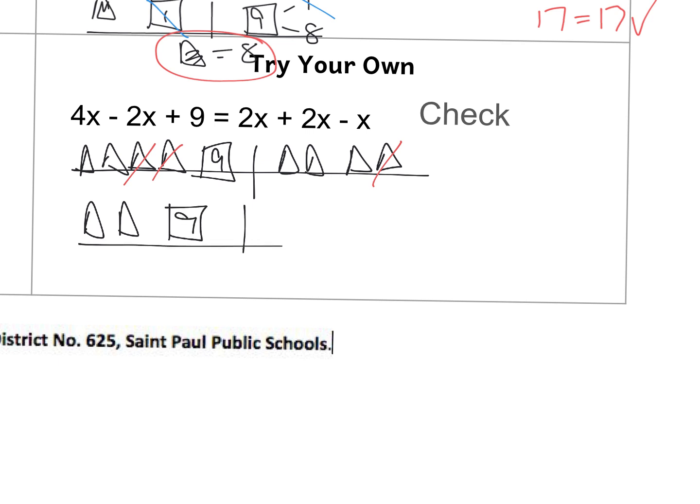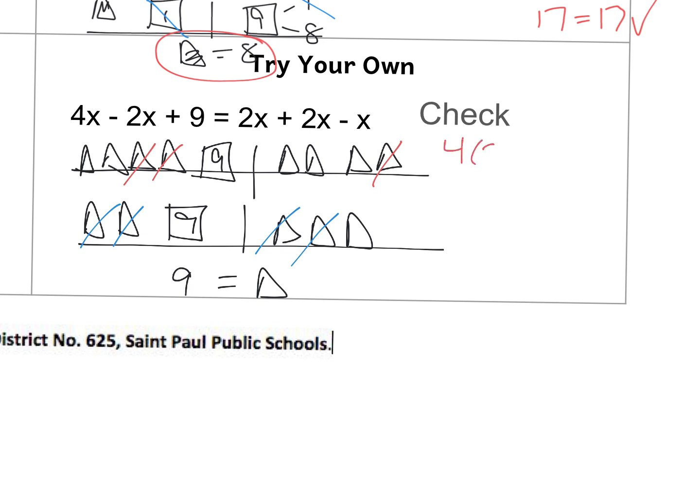You can see on that first step, I took away the x's that were being subtracted. And now I'm going to go ahead and take away for my legal move. So 9 should be equal to my triangle.